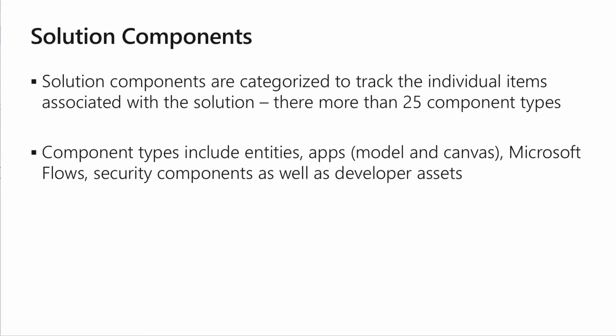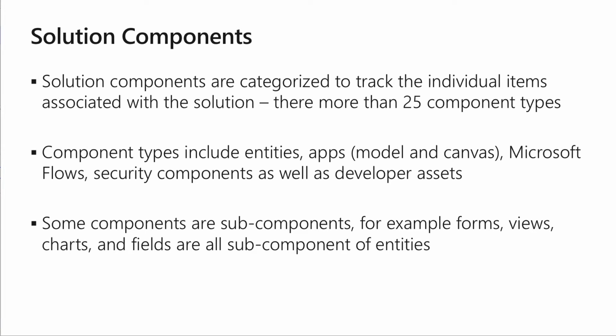They also include flows, as well as security components and other developer assets. Some components are subcomponents. For example, entities have forms, views, charts, and fields all as subcomponents. That means that when you add an entity existing, you can choose those subcomponents individually.